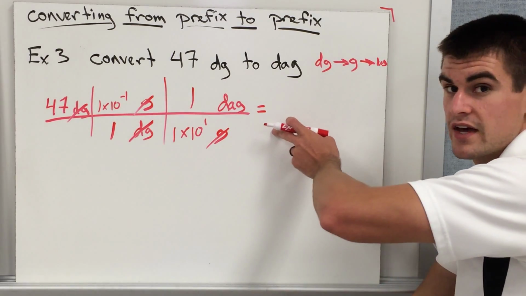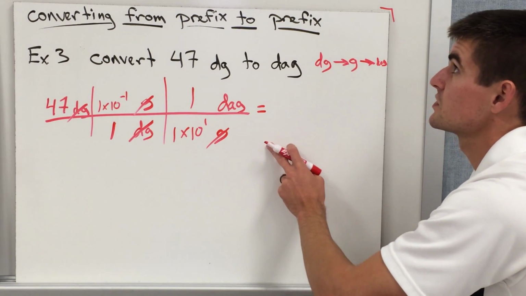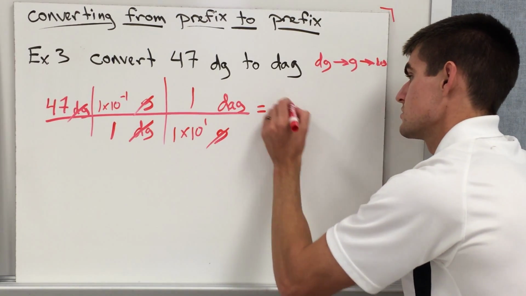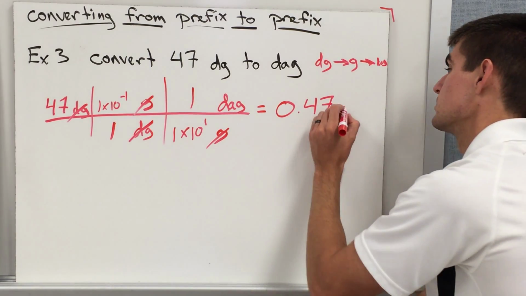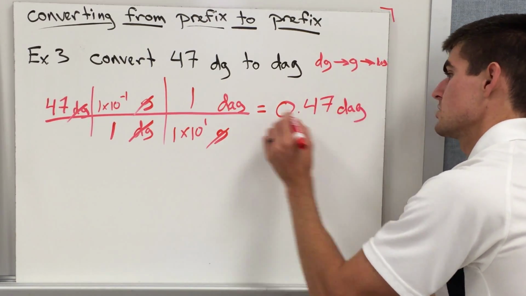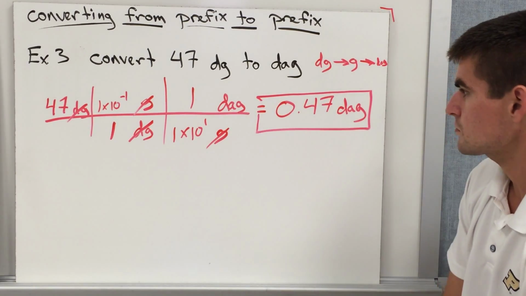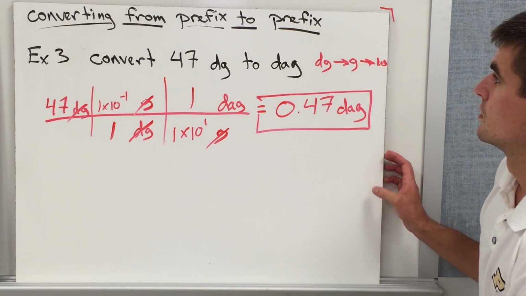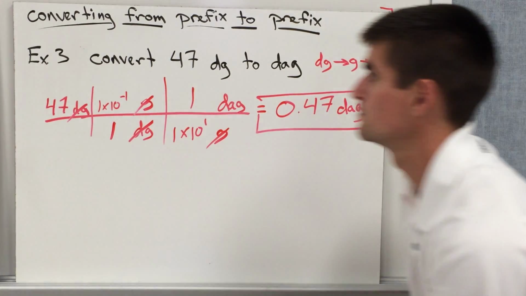If I haven't shown you how to do that in class yet, please let me know. But once you do this, you get an answer of 0.47 with the correct label, DAG, decagram. So that's converting prefix to prefix.